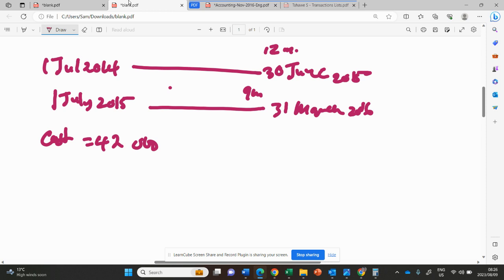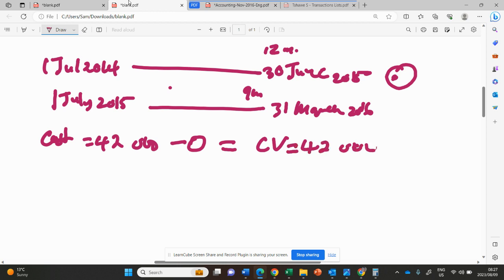When we are depreciating this first period, the accumulated depreciation is zero. We don't have accumulated depreciation. So the carrying value will be 42,000.